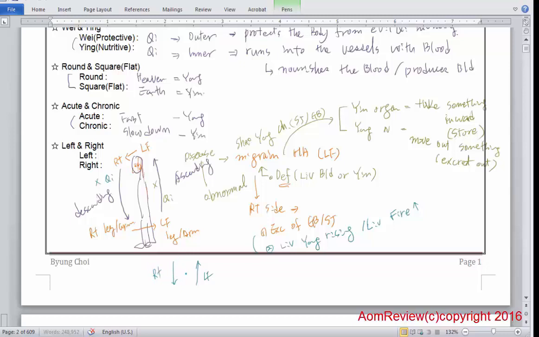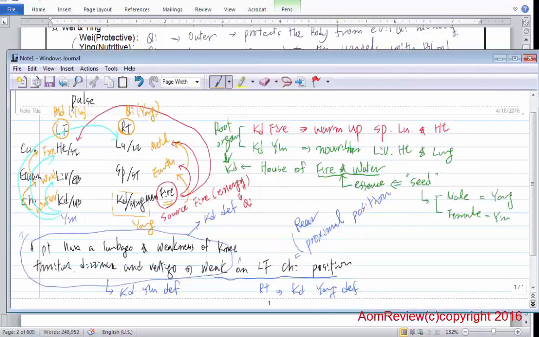So if you have a question about which side is more yang, you have to say this yang side is more left. Okay, but arm and leg are a little bit different. In the arm and leg, the right side is stronger, which means there is more yang energy contained. So that's why I explained this one, this first diagnosis indicates this.